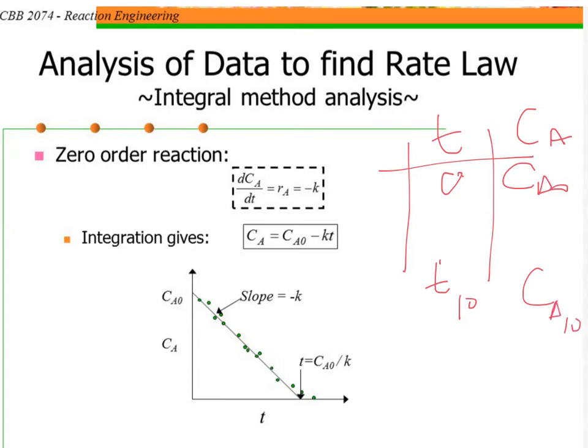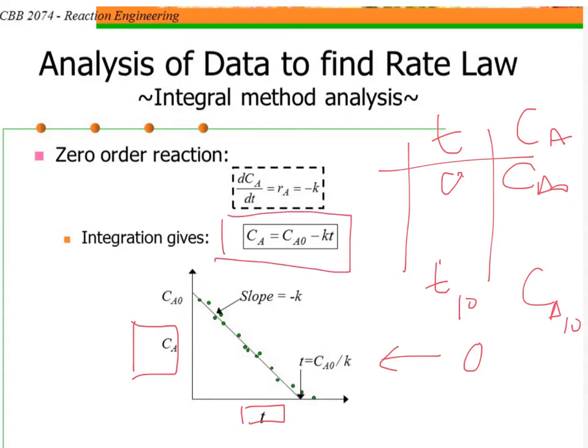If you guess straight away that this is a zero order reaction, you have to plot a graph of CA versus T. If you get a straight line, then you can assume this is zero order, because for a straight line the equation is as follows.